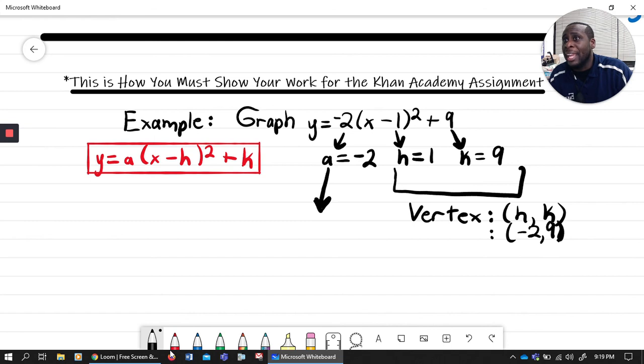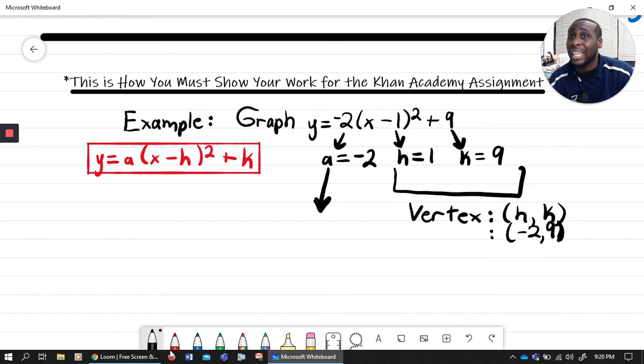Also, guys, for whatever that a value is, remember we said that the a value for this vertex form is going to determine whether or not your graph is opening up, which means you'll have a minimum, or whether your graph is going to open down. And if it opens down, that means you'll have a maximum.